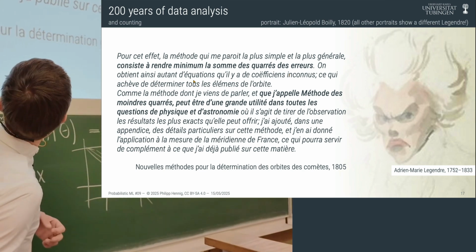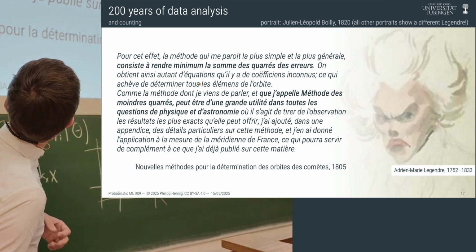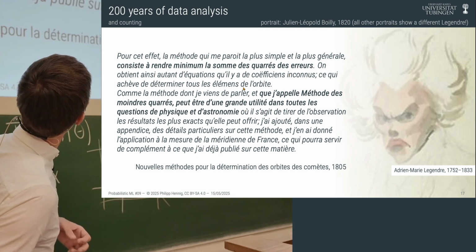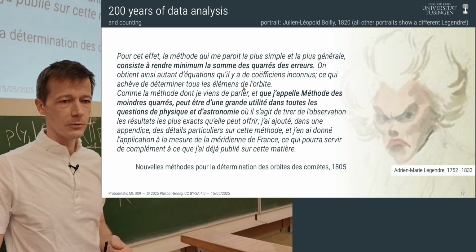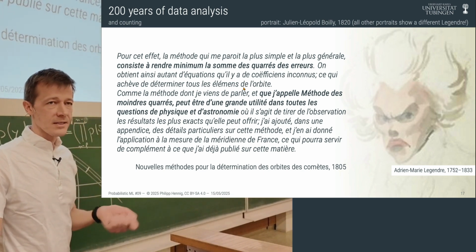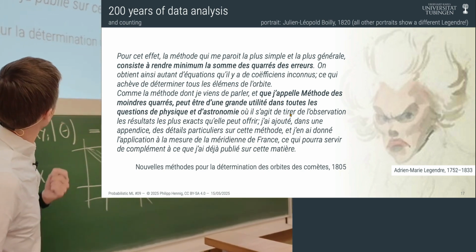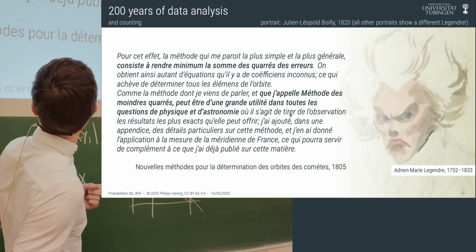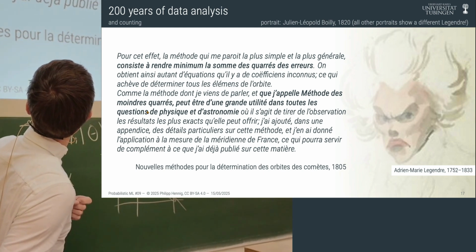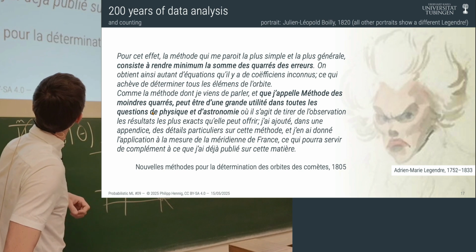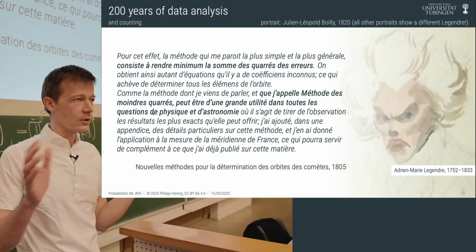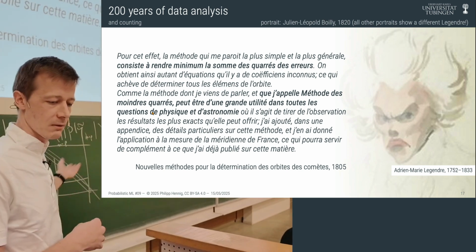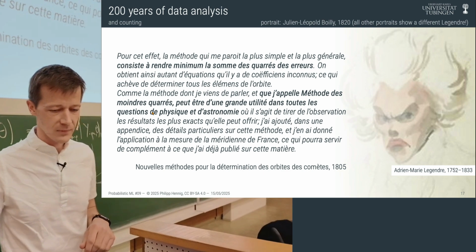And then we get an equation with unknown coefficients which we can solve to determine the orbit of polynomials. This method, which Legendre called the method of least squares, has a great utility for all of physics and astronomy. And so therefore I do a derivation here in the back in the appendix.